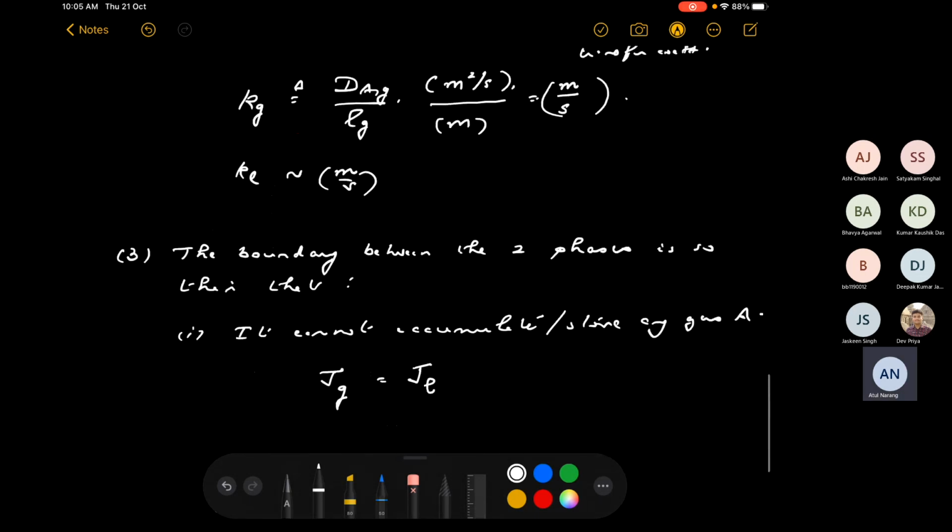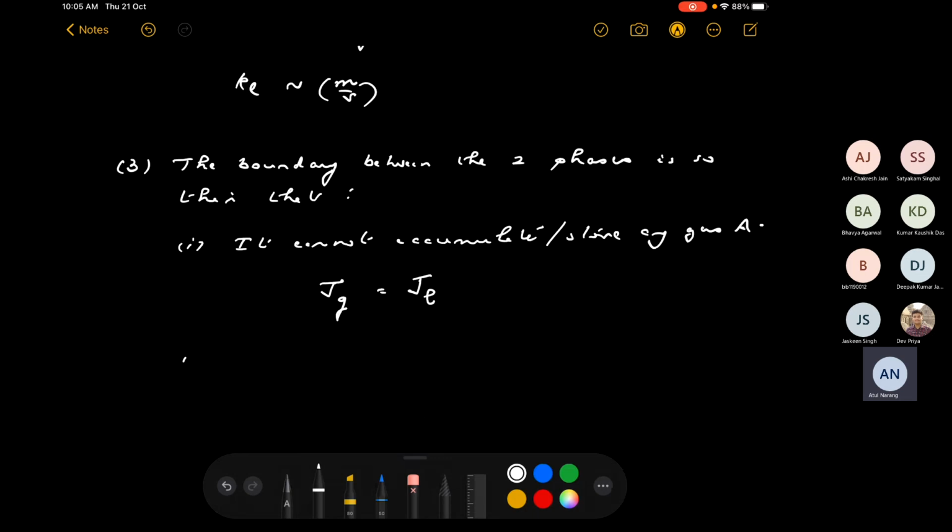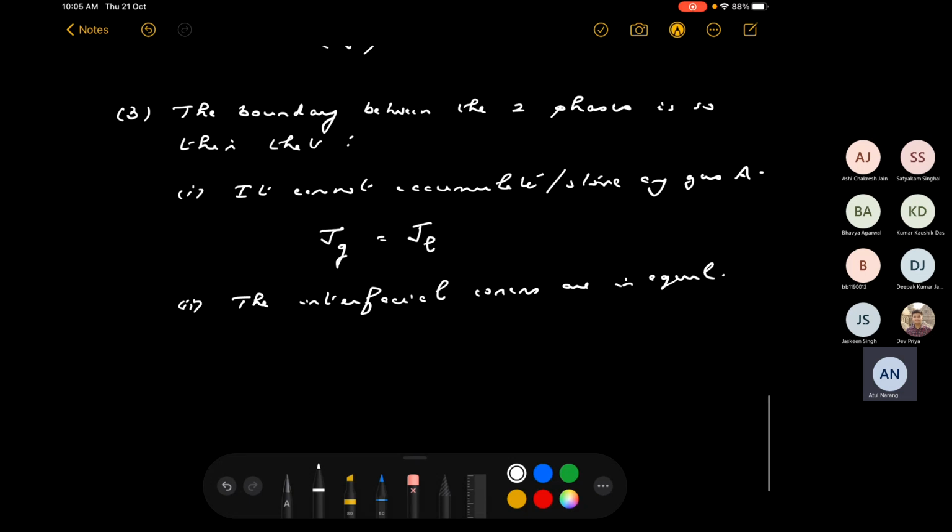The second point is that if this film is very, very thin, then basically it rapidly equilibrates. And that means that the interfacial concentrations are in equilibrium, which basically means that the two concentrations are related by an equilibrium constant, which in this case is the Henry's Law constant.